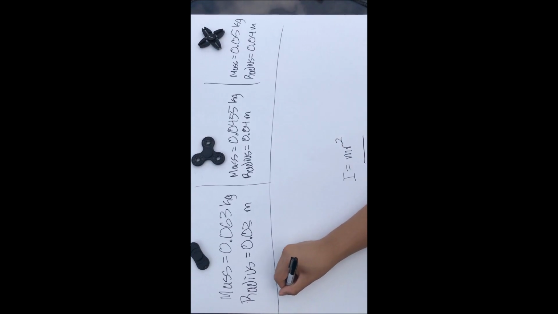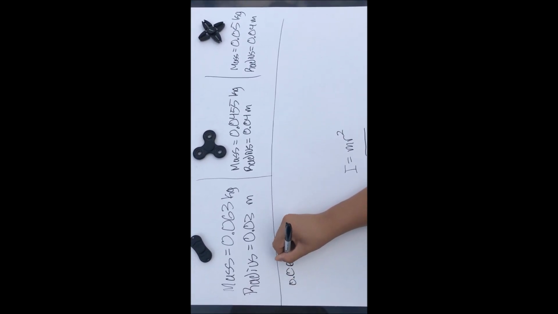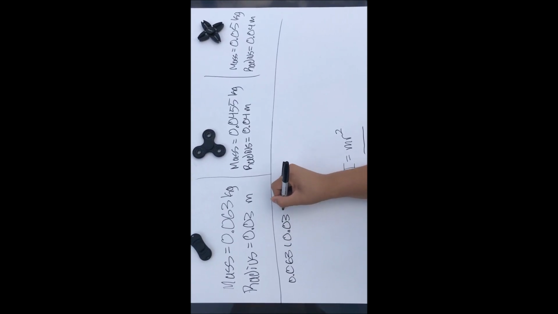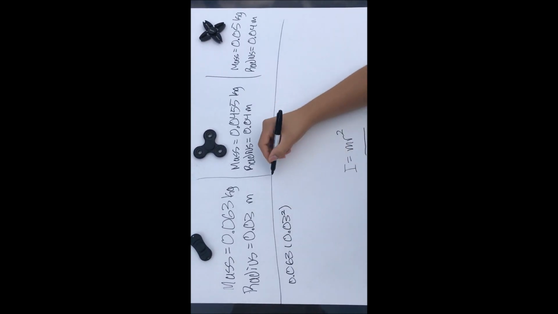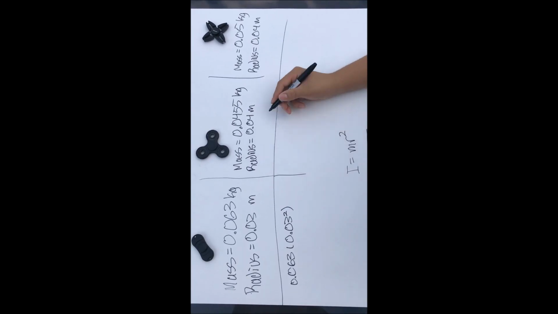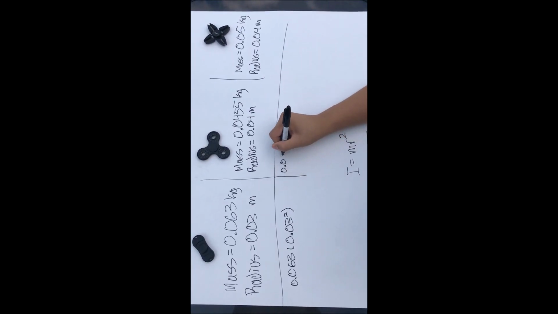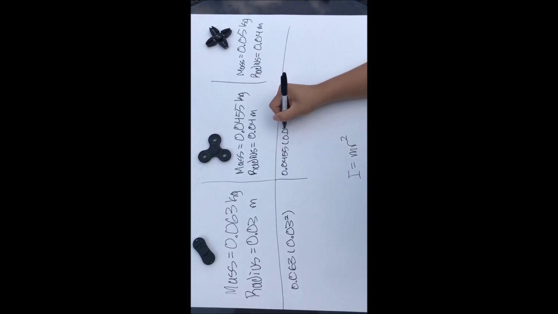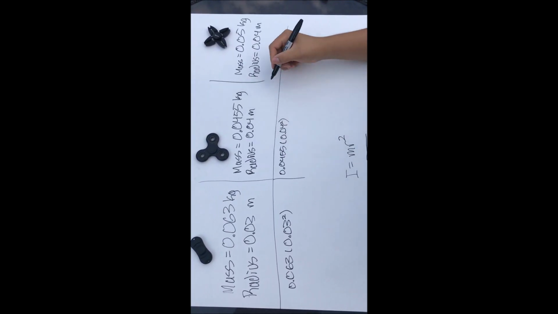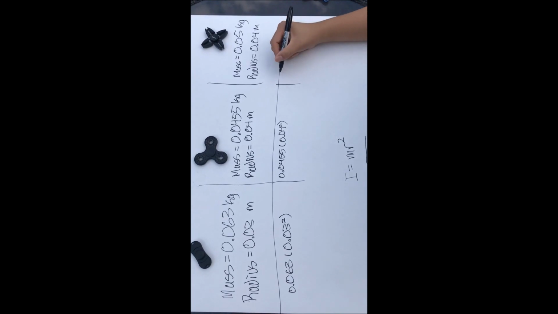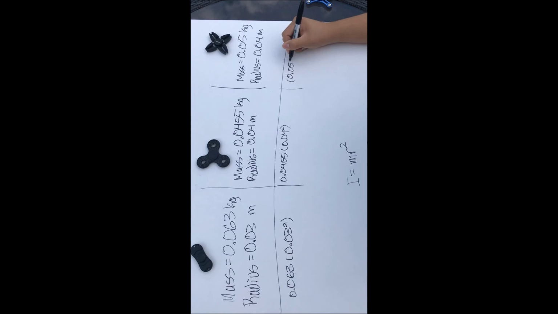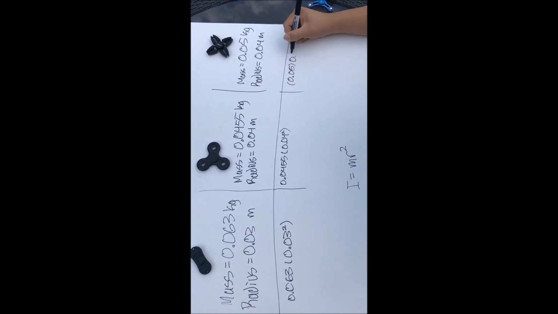So it should be 0.063 times 0.03 squared for the 2-prong, 0.0455 times 0.04 squared for the 3-prong, and 0.05 times 0.04 squared for the 4-prong.